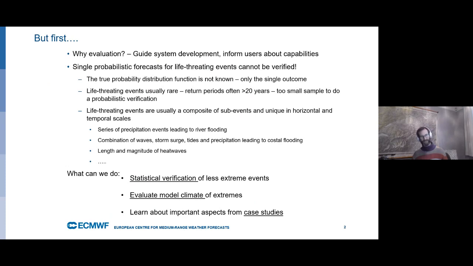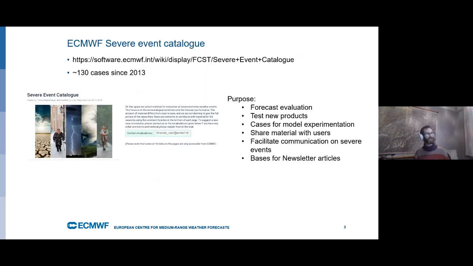So how well can the model in a climatological sense capture the tails of the climate distribution? So do we have a frequency bias, for example? And then we can finally learn about important aspects from case studies that we can further dig into. That is what I'm going to highlight in this presentation.